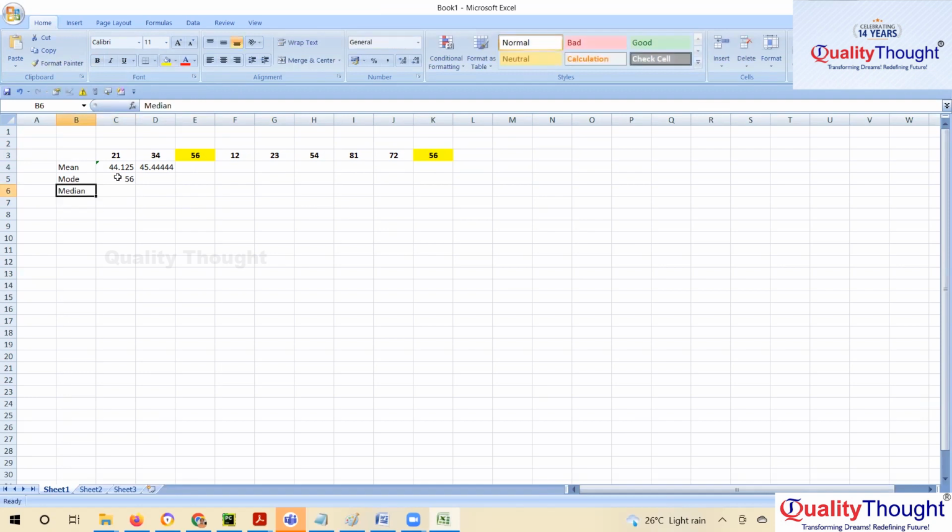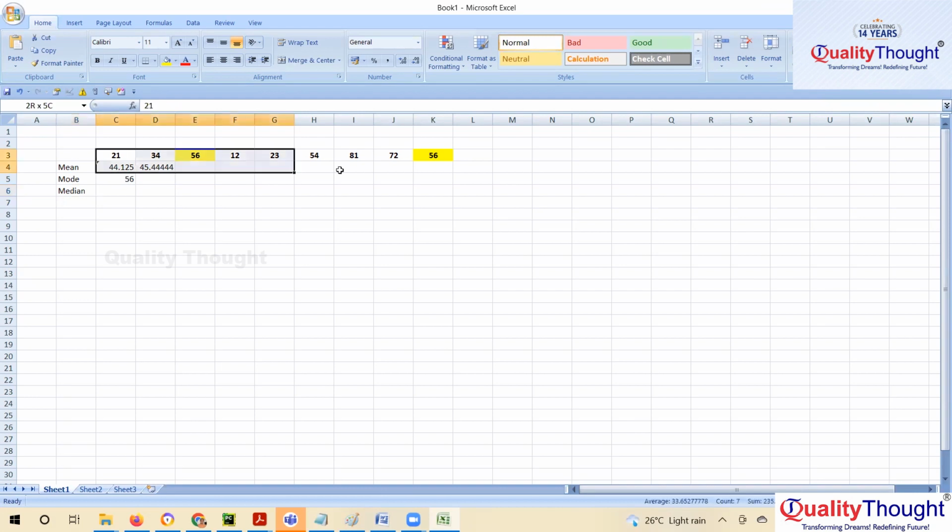56. I can't hear you, you have to speak louder. Dhanit, wait. If the data is put in increasing order, right? Dhanit, what is the middle value here? Median is the middle value, right?